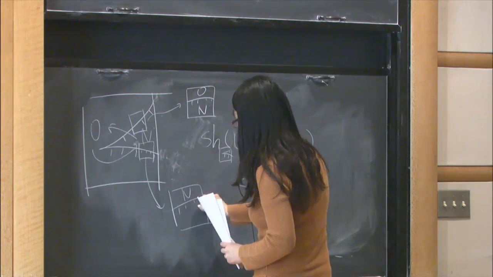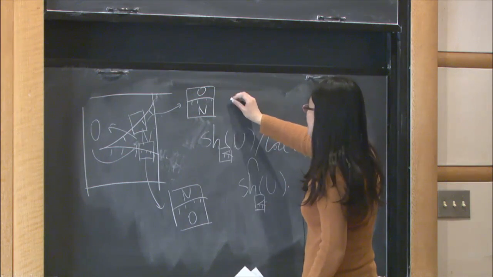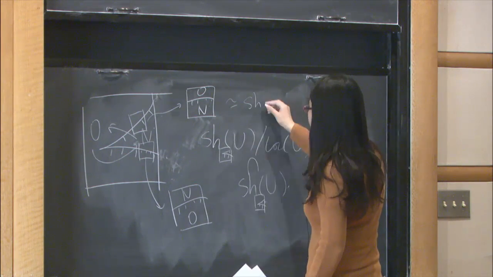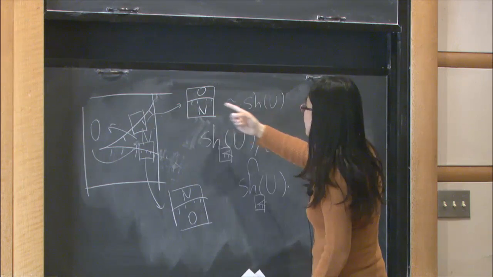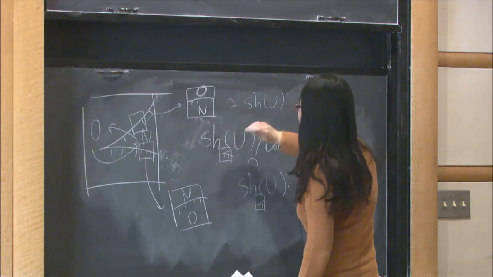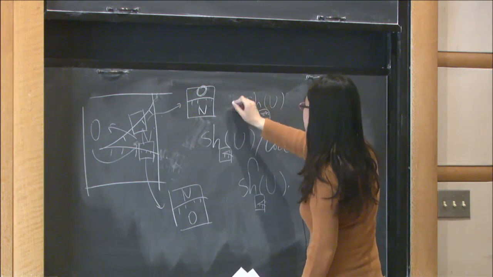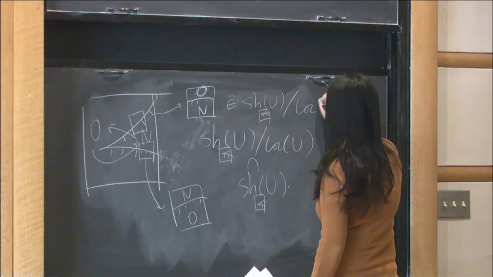N and 0. In our convention, this localized category can be identified with sheaves like this with 0 on the top. This is something inside here.